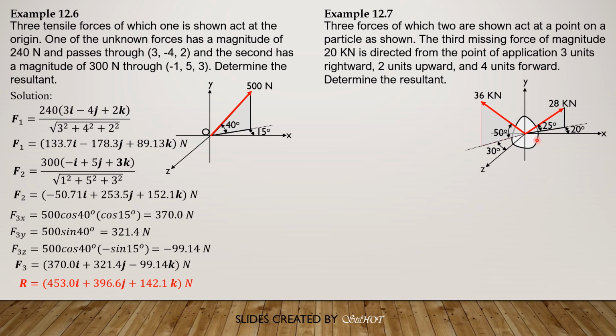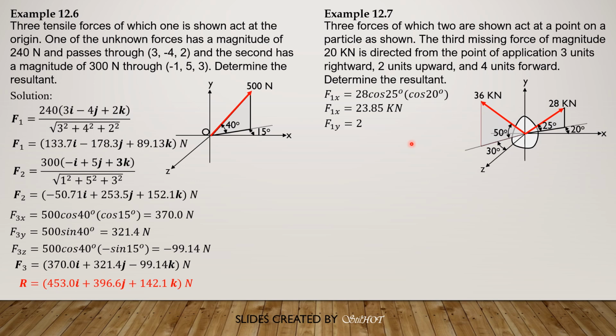So F1x is directed backward, rightward, upward, and rightward. So only the z component is negative. As usual, we first solve for the xz component, then multiply that further by cosine of 20 to get F1x. So F1x is 28 cosine 25 times cosine 20, which is 23.85 kilonewtons.